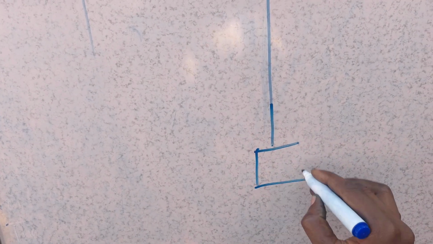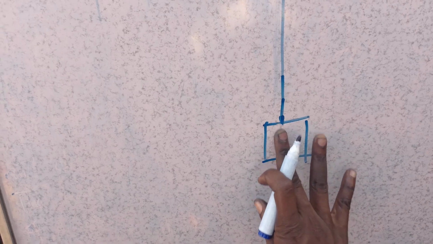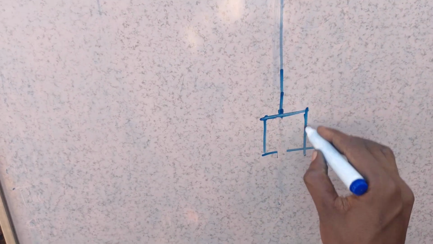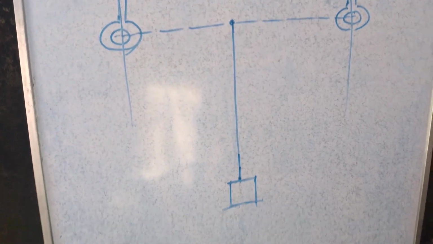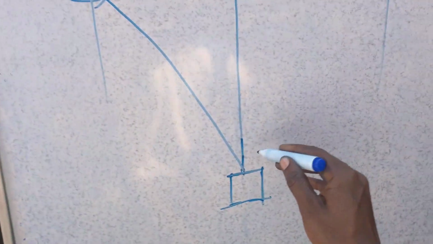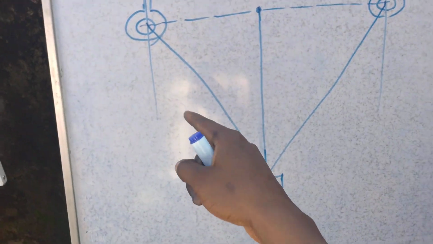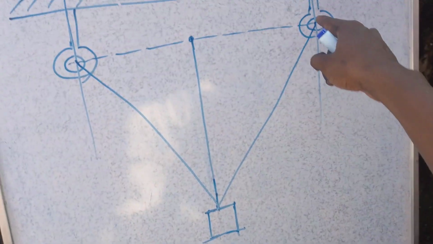Of course, because of this mass here, you observe that this rope will go in 2 directions. That is, it will sag, and by sagging we have something like this.